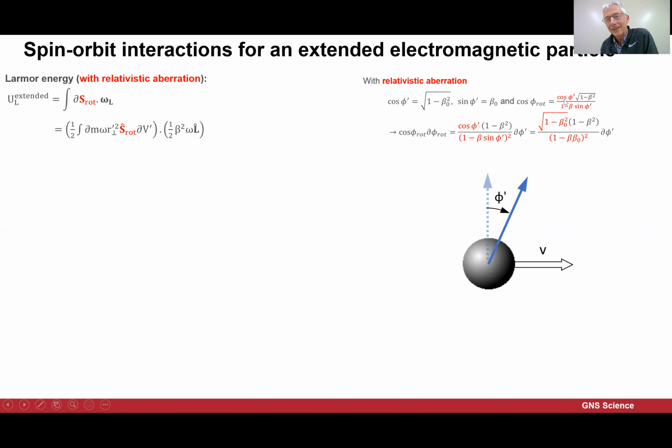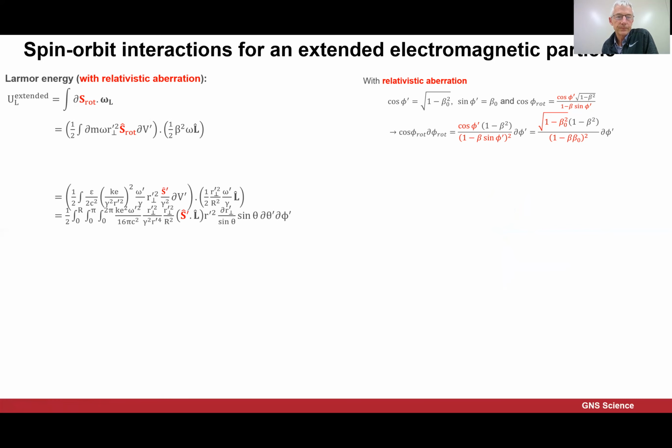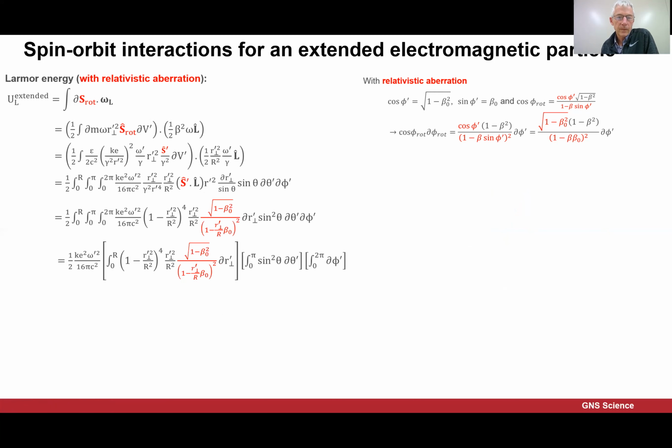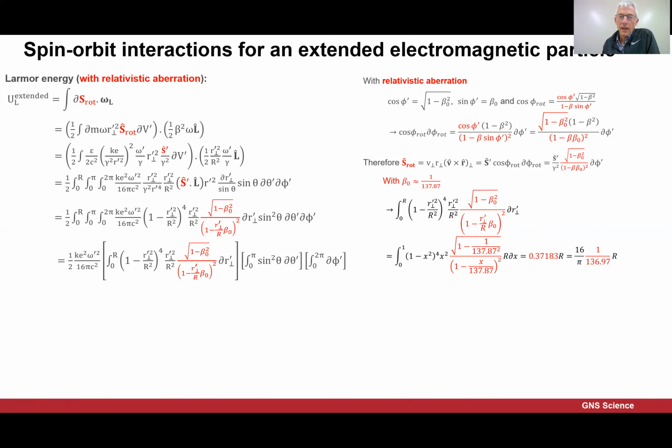The elements which we are now including because of relativistic aberration are given in red. So therefore our expression transforms to this. Again, I'm including the new elements because of relativistic aberration here in red. And so this becomes our new integral, which we have to evaluate.